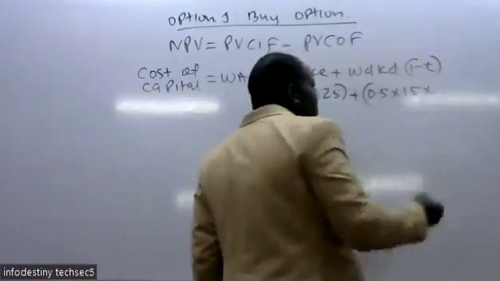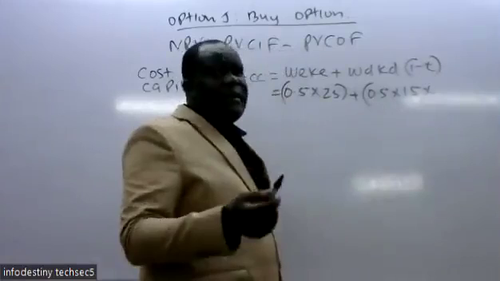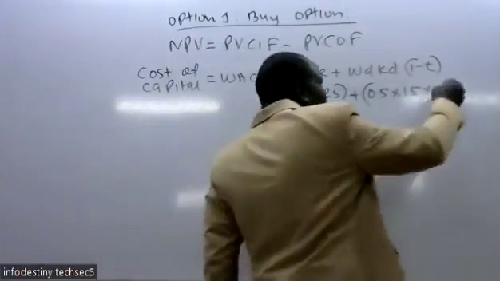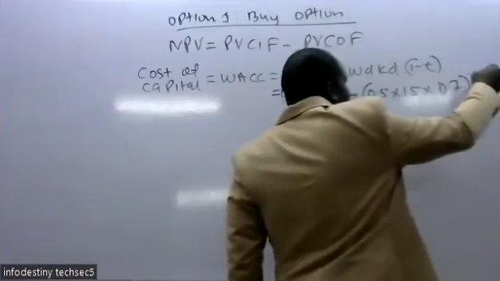So it must always be after the tax. The tax rate is 30%. So 1 minus 0.3 will be the same as 0.7 multiplied by 0.7.